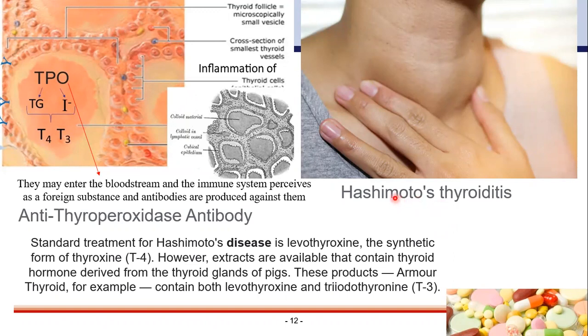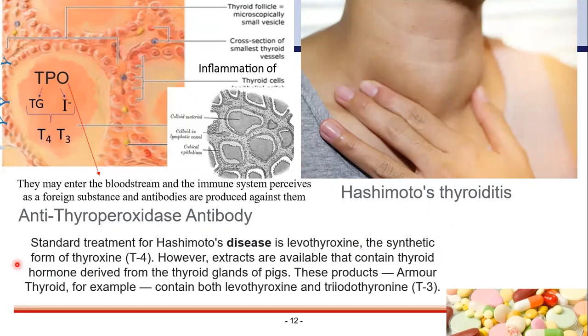Okay, and the standard treatment for Hashimoto's disease is levothyroxine, the synthetic form of thyroxine T4. However, extracts are available that contain thyroid hormone derived from the thyroid glands of pigs.